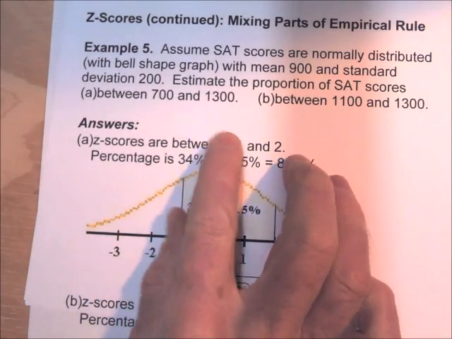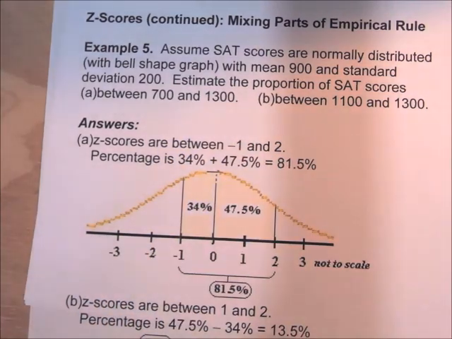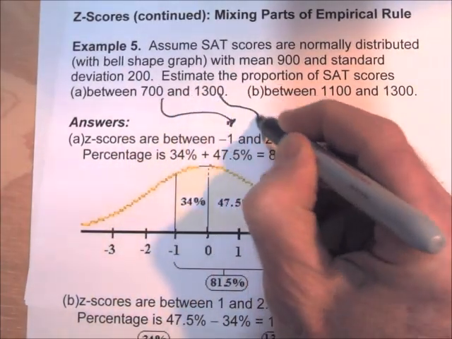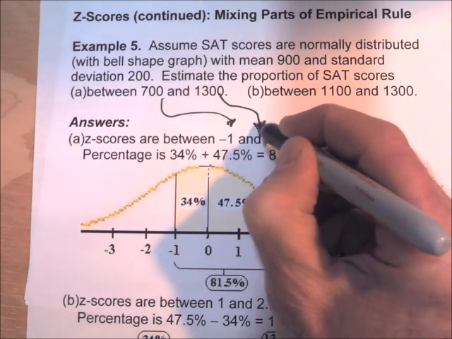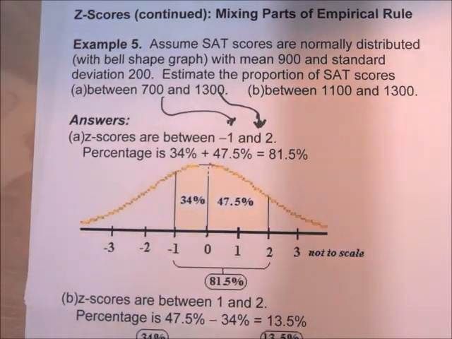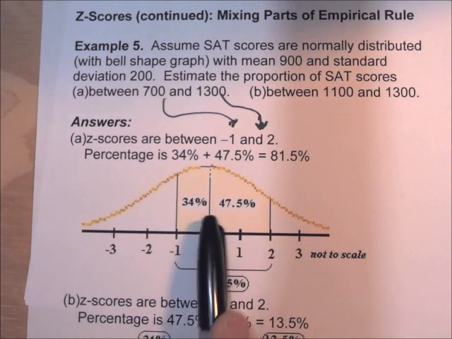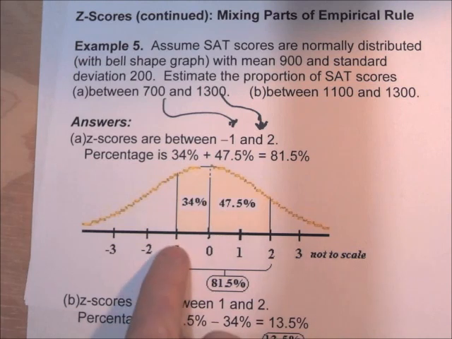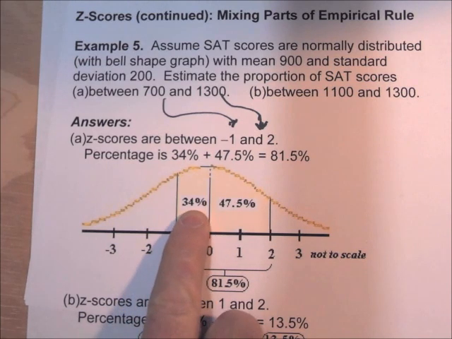The z-scores are between -1 and 2. The z-score for 700 is -1. Z for 1300 is 2. We actually computed those on the other page. So this is what the picture looks like. And for between -1 and 0, that's going to be 34%.